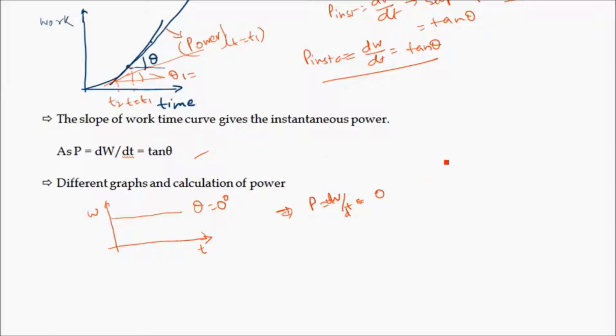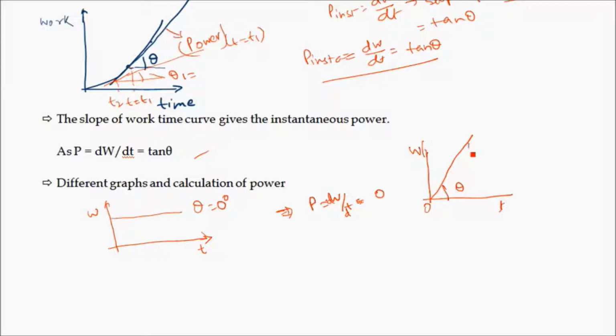Now we consider the second figure, when the W-t graph is making an angle theta with the x-axis. Suppose this is the W-t graph which is making an angle theta.